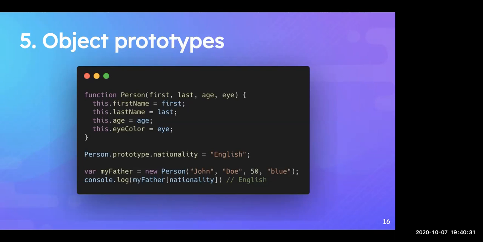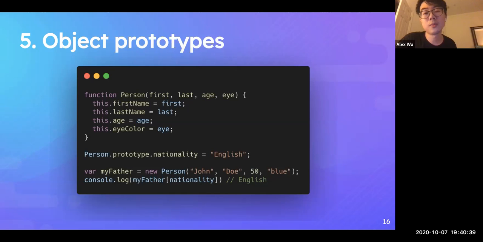I have a question. Does this mean that if I make another person, the nationality is automatically English no matter how many new people I make? Yeah, so this can be a trouble, right? What people usually do is assign nationality as a function.